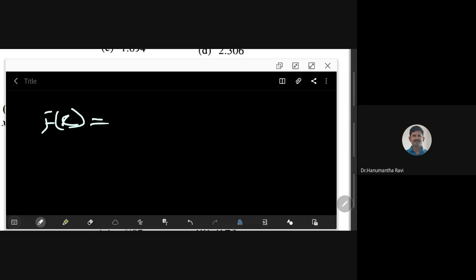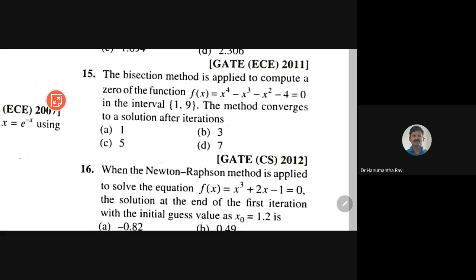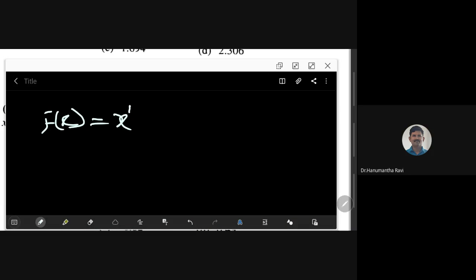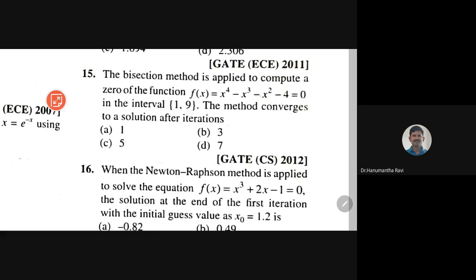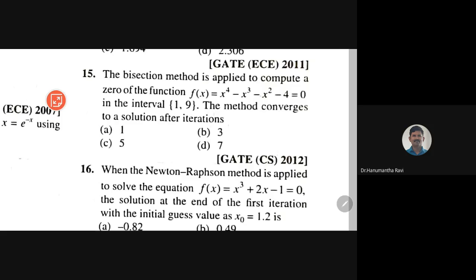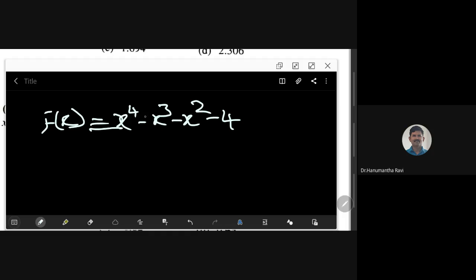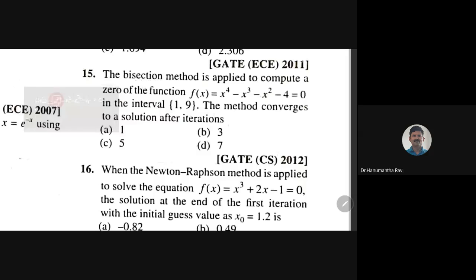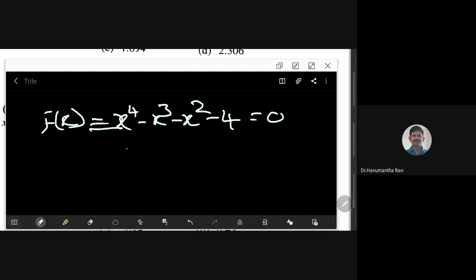F of x is x power 4 minus x cube minus x square minus 4. That is f of x is equal to 0; he says this is equal to 0 we require. So the a and b values he is giving as 1 and 9. So a is 1, b is 9.